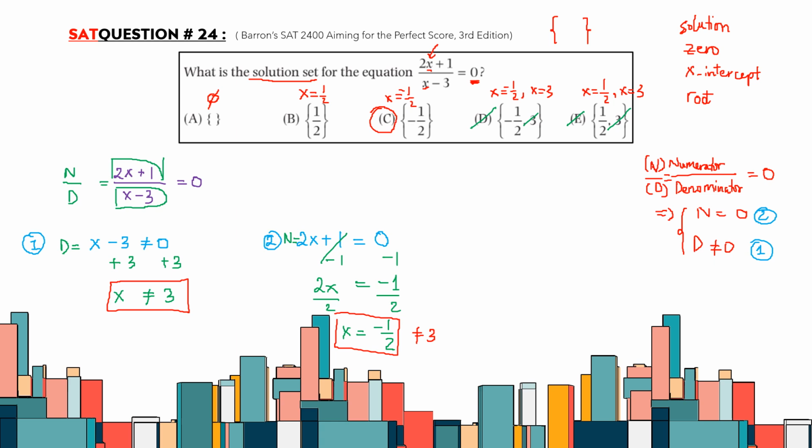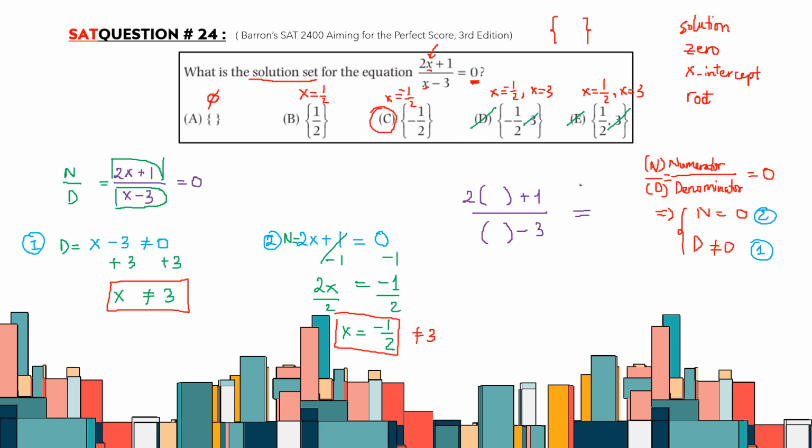To make sure our answer is right, since sometimes we make a mistake during the algebraic process, we can check our answer by plugging the x equals negative 1/2 value into the equation to see if it gives a true statement. So we will have 2x plus 1 over x minus 3. Whenever I see x, I put parentheses.